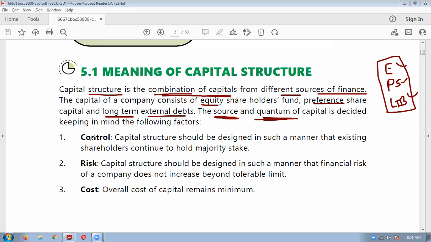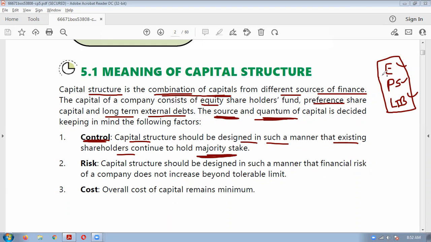First is the control factor you should keep in mind before deciding the source and amount of capital. Capital structure should be decided in such a manner that the existing shareholders continue to hold majority stake.